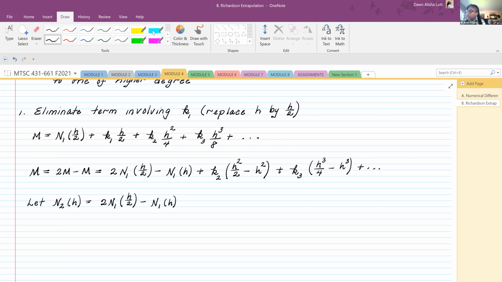So I am taking this piece right here, 2 N1 of H over 2 minus N1 of H, and I am calling that N2.